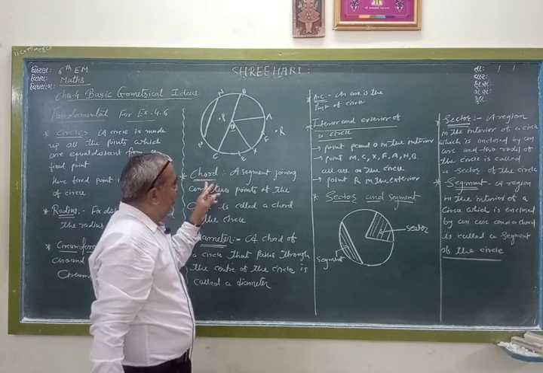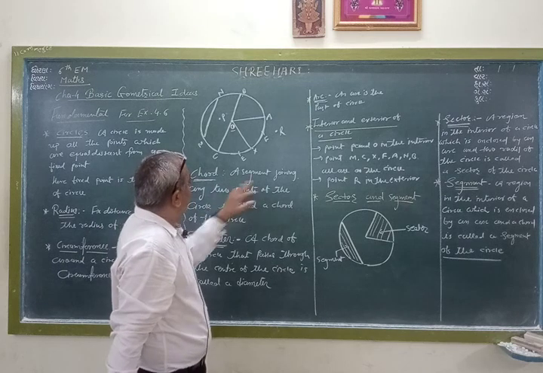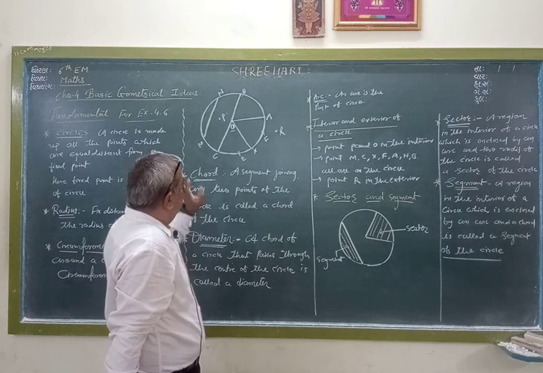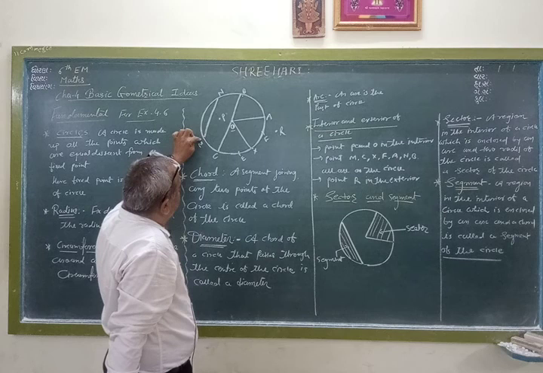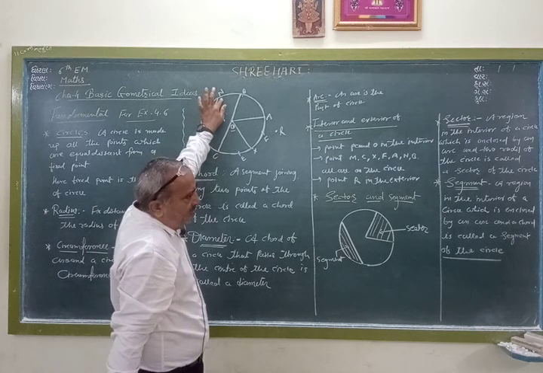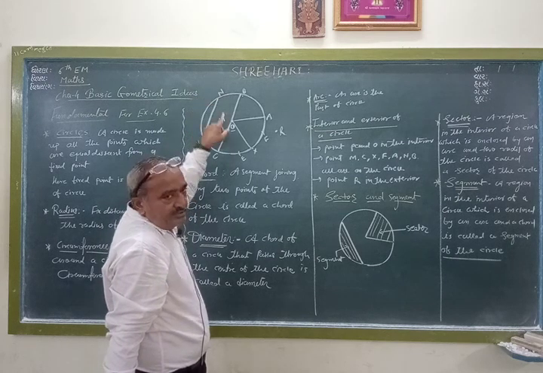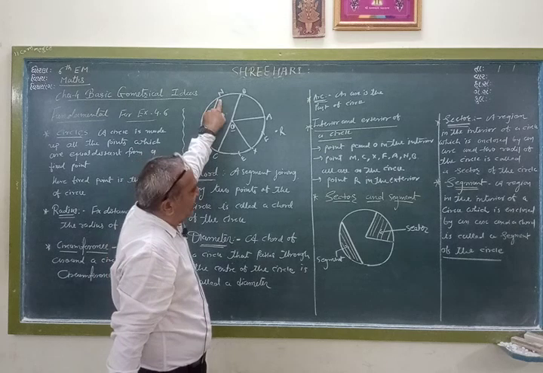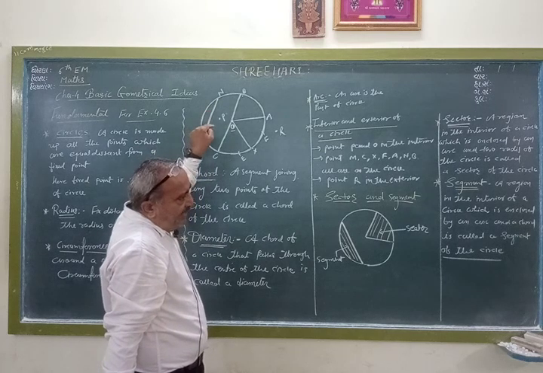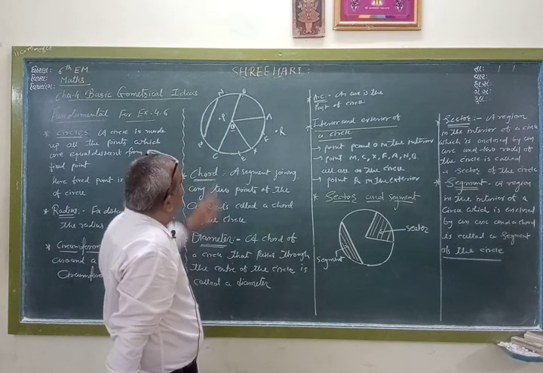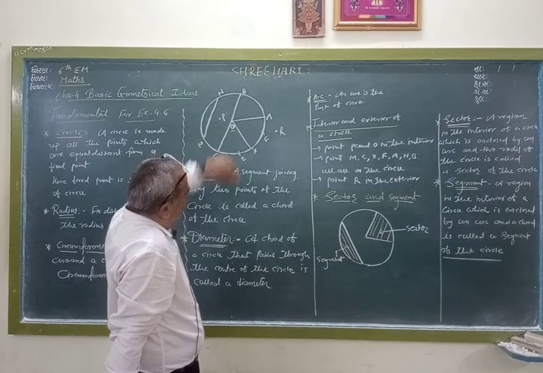Friends, chord. What is a chord? A line segment joining any two points of the circle. This is the point M and this is the point N. Both are on the circle. If I draw line segment MN, then line segment MN is a chord of the circle.